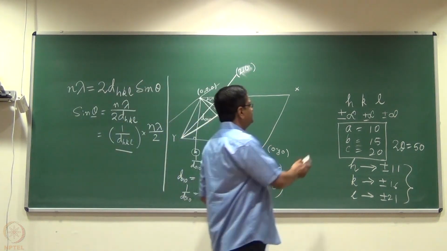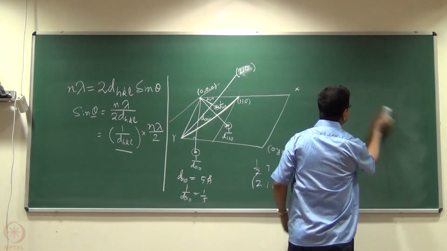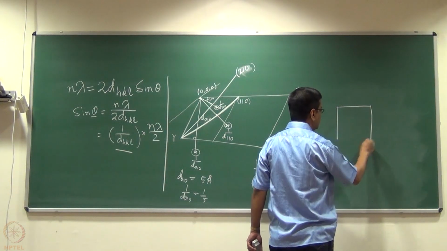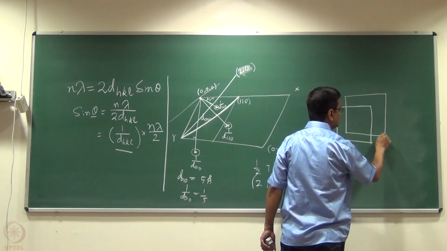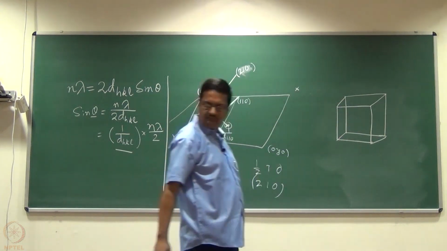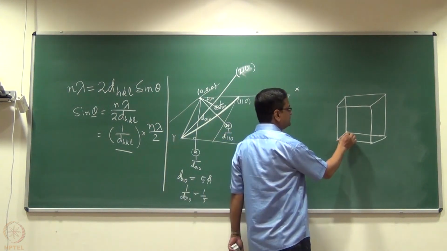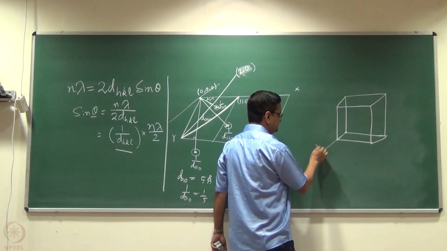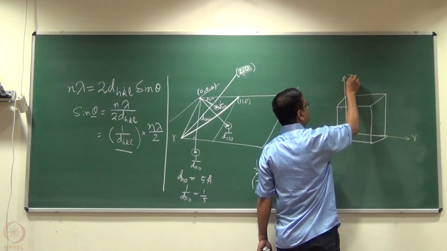So suppose I draw a cube, and from this origin, suppose this is x, this is y, that is z.